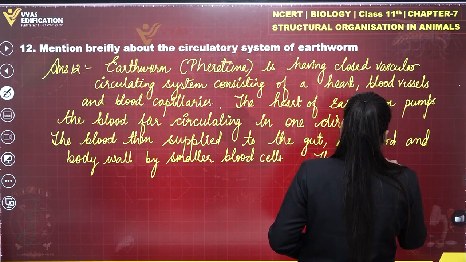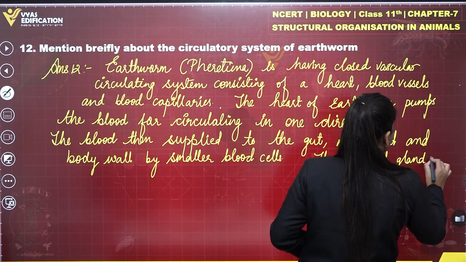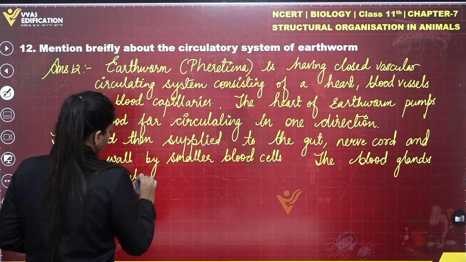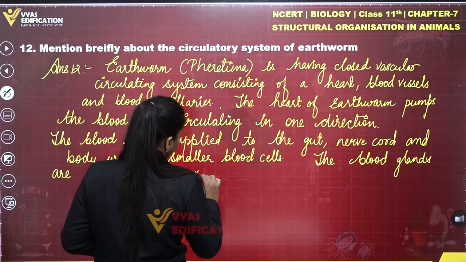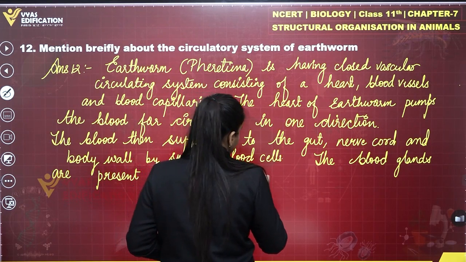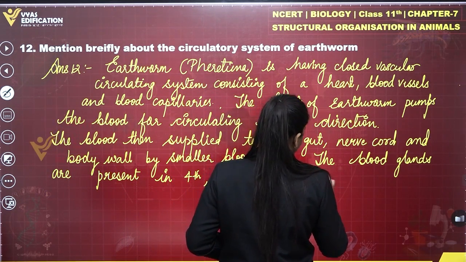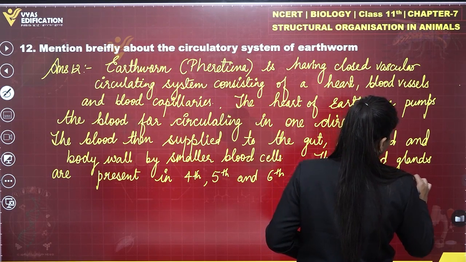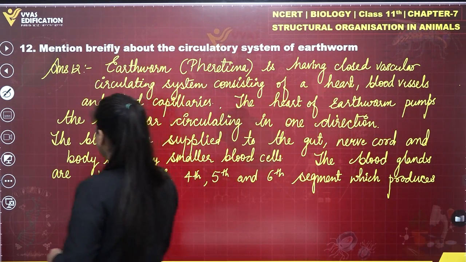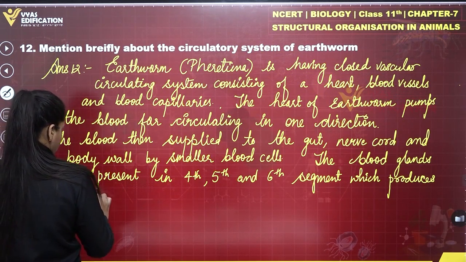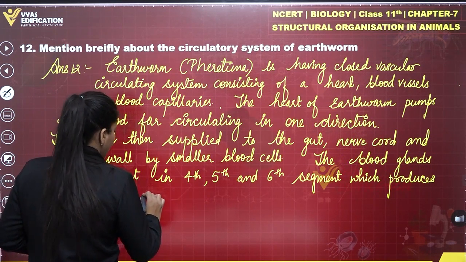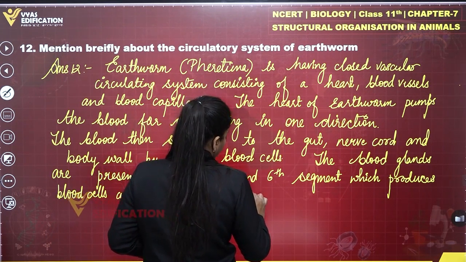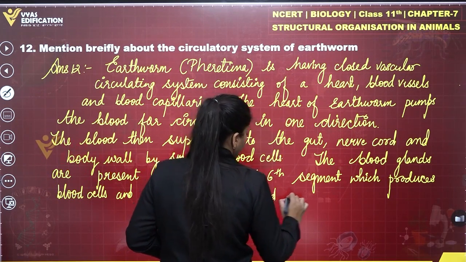The blood glands are present in 4th, 5th and 6th segment, which produces blood cells and hemoglobin, and hemoglobin is dissolved in blood plasma.